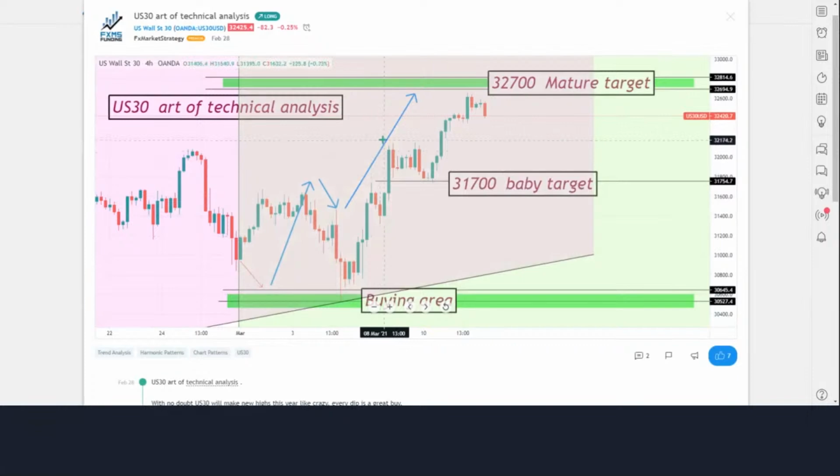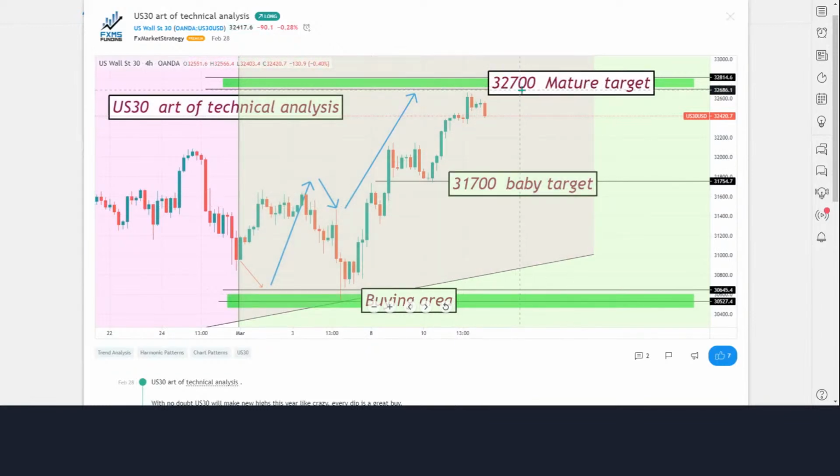So that was A, B, then small b, C, then C, D. A lot of people were going to get out of this one because they were going to expect a reversal right here, but we were not expecting this. We were expecting a second wave. That's why I made the A, B, B, C, C formation to explain to you that at 31,700, which is this one, all people are going to get out. That's why I call it the baby target.